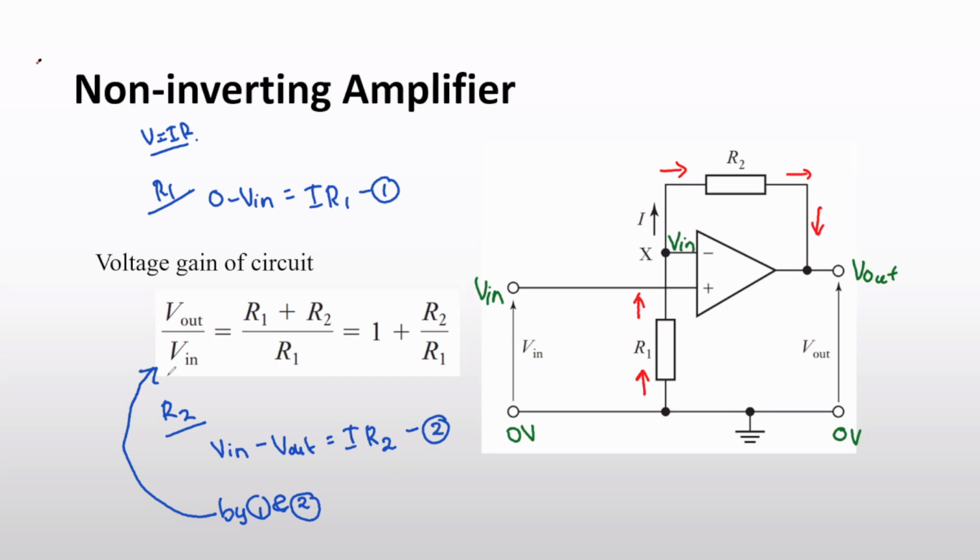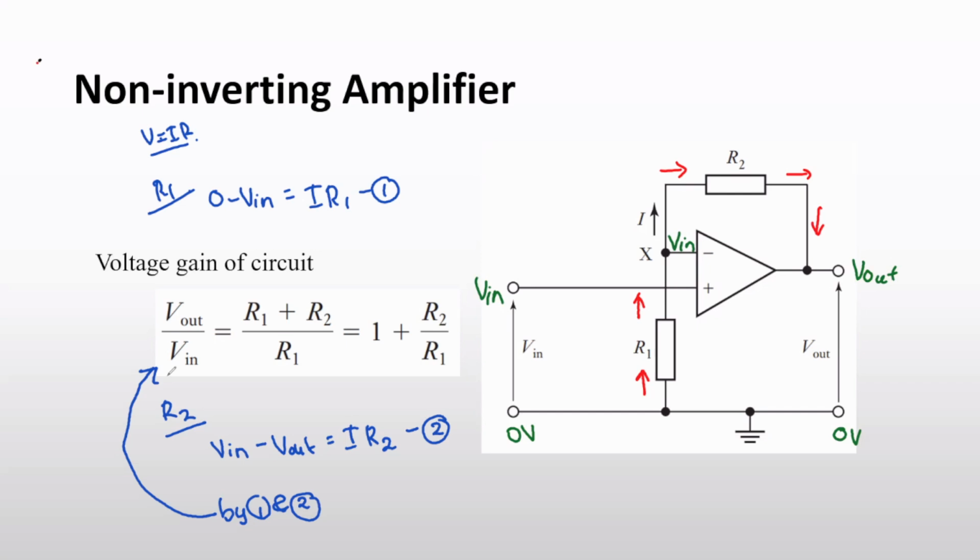So therefore, you should obtain the voltage gain, and you can see the voltage gain, that means the V out with respect to the V in, is 1 plus R2 over R1.